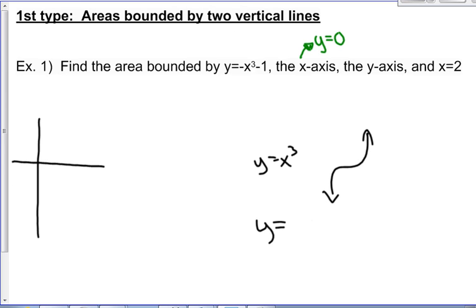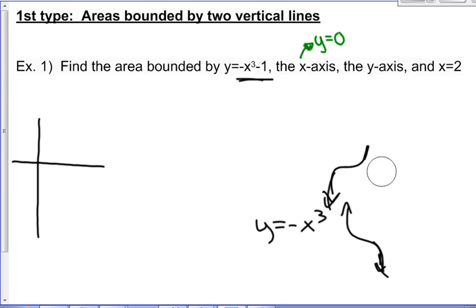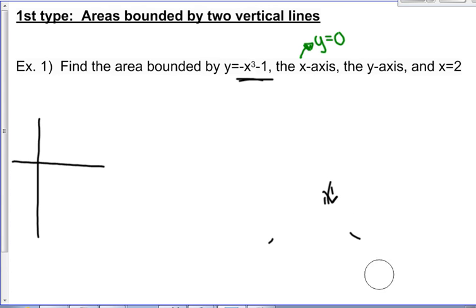Y equals negative x cubed would therefore look like this, not quite that flat, but it does go momentarily horizontal. Okay, and if we had negative x cubed minus 1, that's going to move it down 1 unit. So if I put that on the grid that I made, or on the axes, it's going to look something like this.